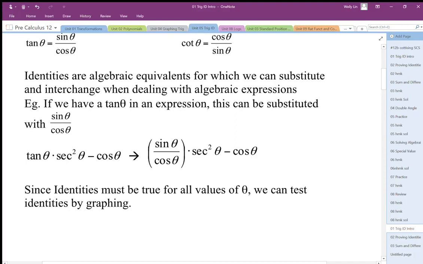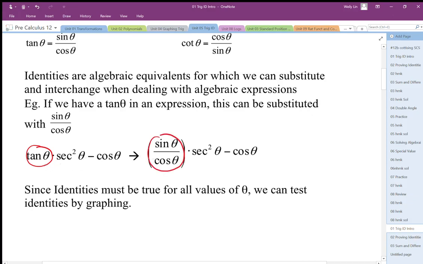So an example here, we know that tan theta and sine theta over cos theta are the same. It doesn't matter what the theta is, at 45 degrees or 30 degrees. These expressions are equivalent. So anytime I see a tan expression, like for example here, I can replace that tan expression with an equivalent sine over cos expression. These two expressions are exactly the same because I've just replaced like with like.